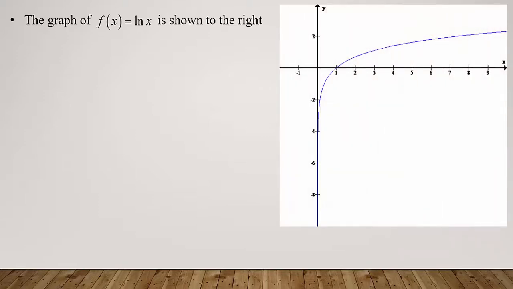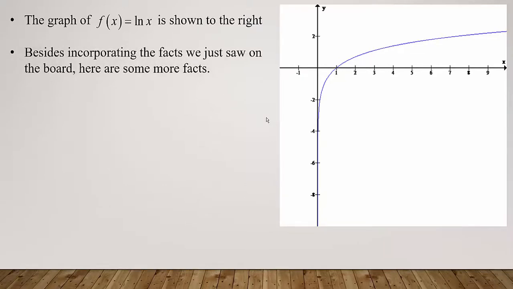All right, so we used a little bit of our calculus knowledge to come up with 3 immediate facts from that definition. The graph of ln x is shown here to the right. The blue graph is the graph of natural log x. And besides incorporating the facts we just saw on the chalkboard, here are some more facts about natural log x.